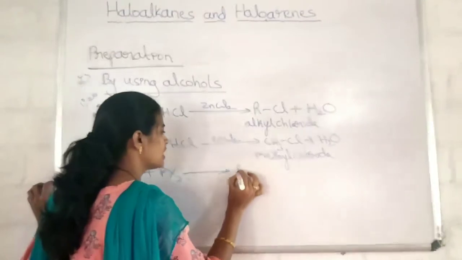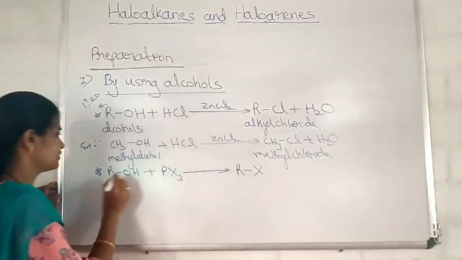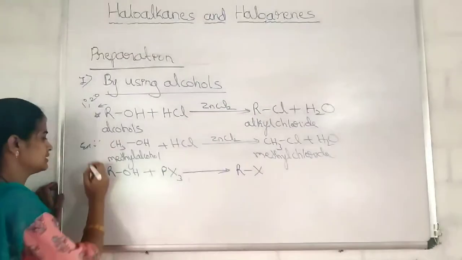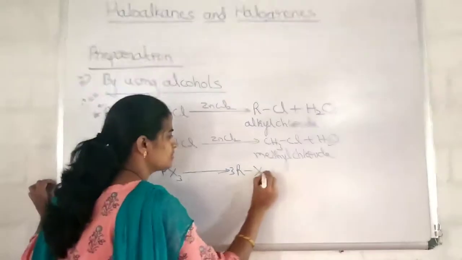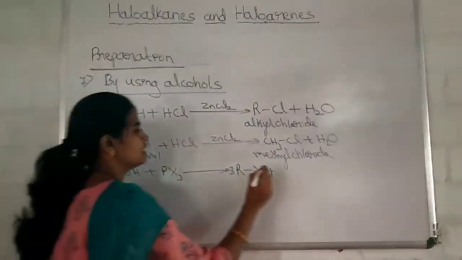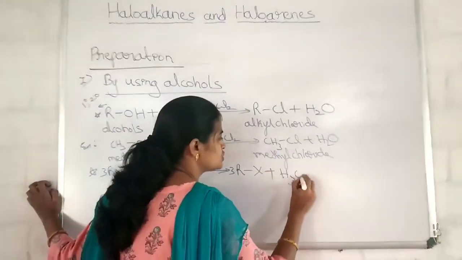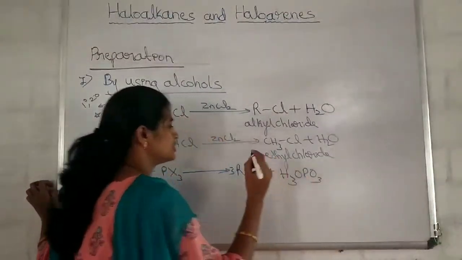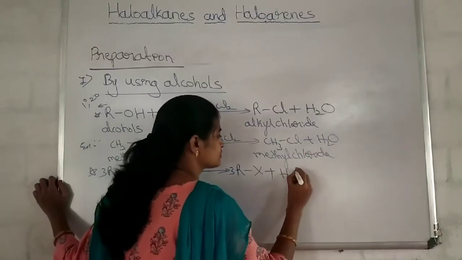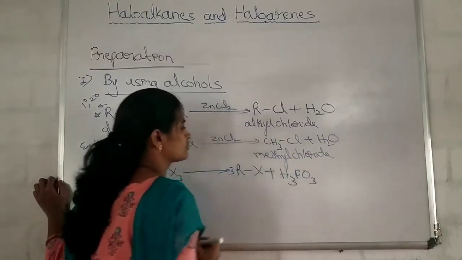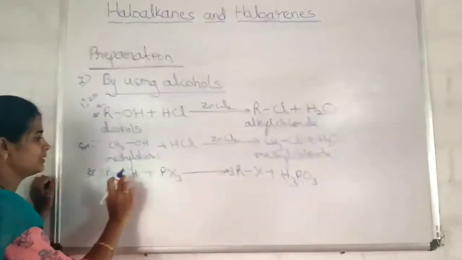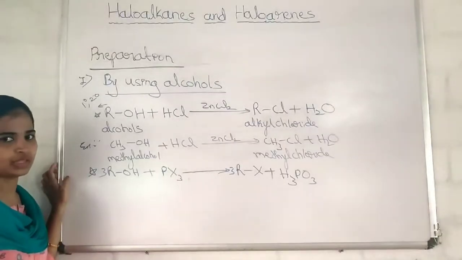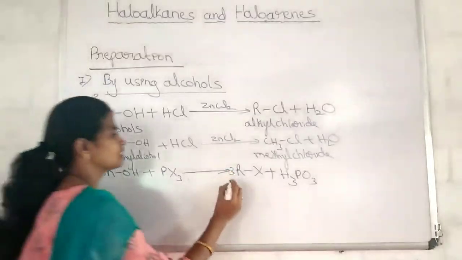What is formed is RX. As 3 X are there, 3 halogen atoms, I will take 3 OH here. So 3 times RX is formed. Then the side product is H3PO3; 3 times H, P, and 3 times O.